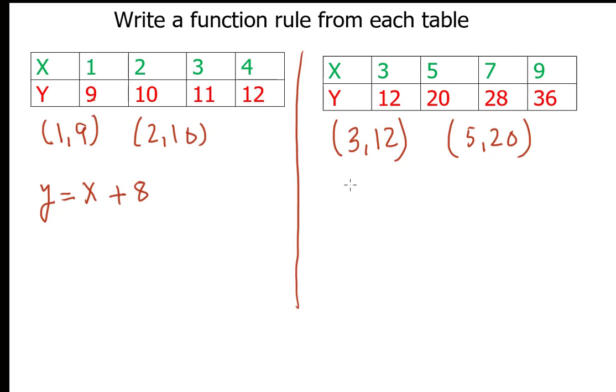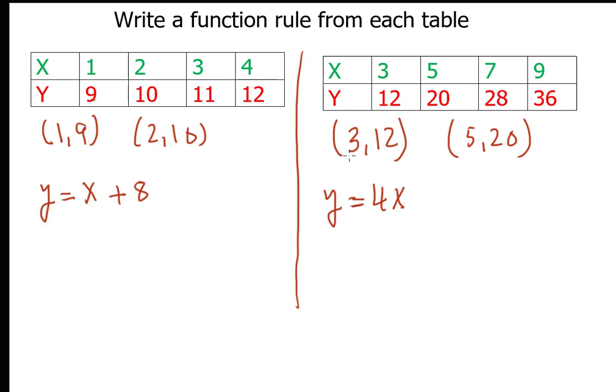So the function rule that created this table is y equals 4 times whatever the x value is. So you can pick any number. You can say 11. 4 times 11 will be 44. All these input values using this function rule will create these outputs.